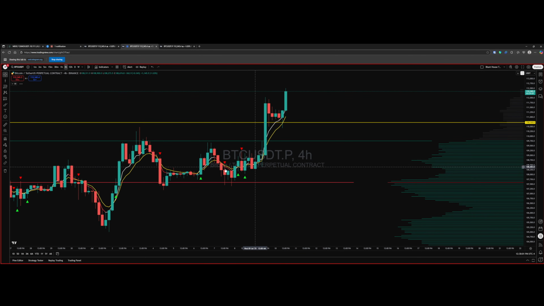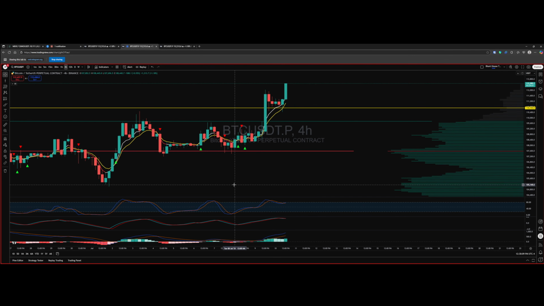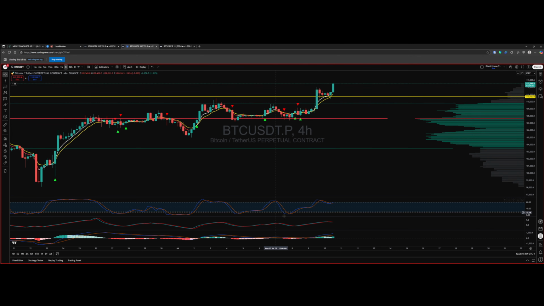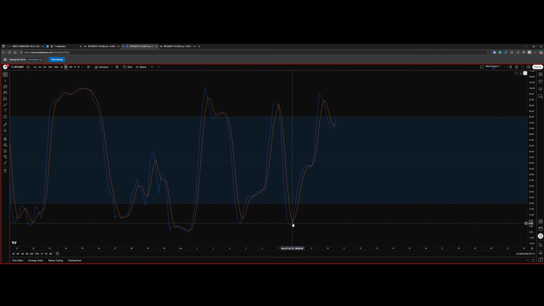But here we are. We don't know. We get choppy in here, and we don't want to be taking every single buy and sell signal. But we're waiting for ones that actually show us some exuberance. And this does that. What do we look for? Overbought and oversold areas. Your stochastic RSI, if I blow it up, that's really oversold.